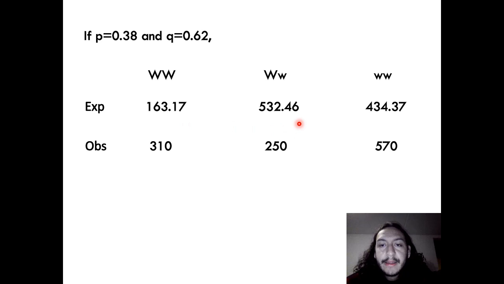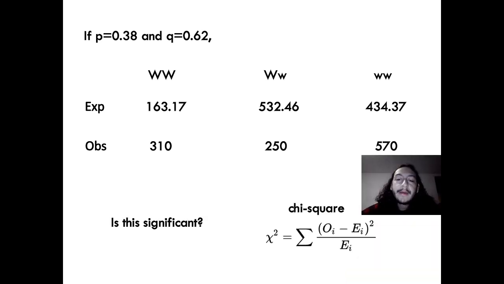There are many fewer heterozygotes than we would expect. We have almost twice the number of homozygotes for WW than we would think we would have in this population. So one way to see if this deviation from Hardy-Weinberg equilibrium is significant is to do a chi-square test.